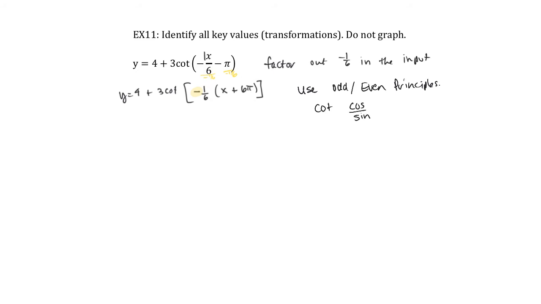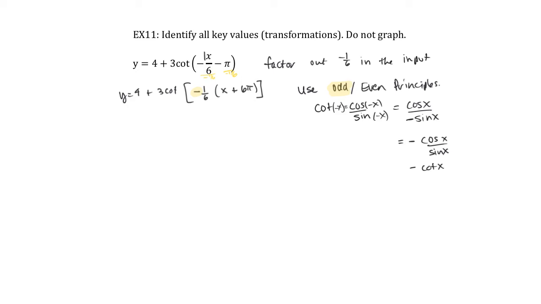And if I'm trying to figure out odd or even, I can just plug in the opposite of x and see what we get. Cosine is even, so that would simplify to cosine x. Sine is odd, so that would simplify to negative sine x. And so then that becomes negative cosine x over sine x, which is the opposite of cotangent. So that means that we have an odd function.